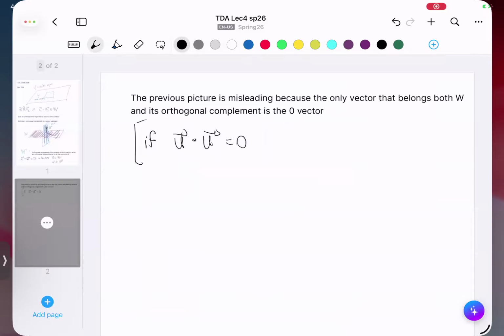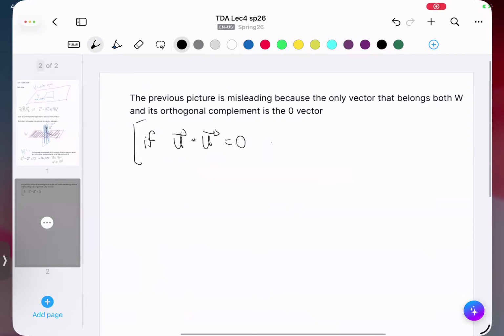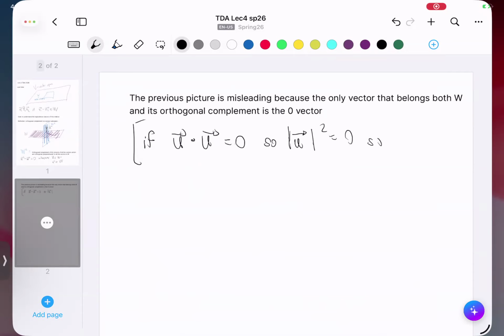But the product of a vector with itself is just its square. So, is that okay? Is that making sense?